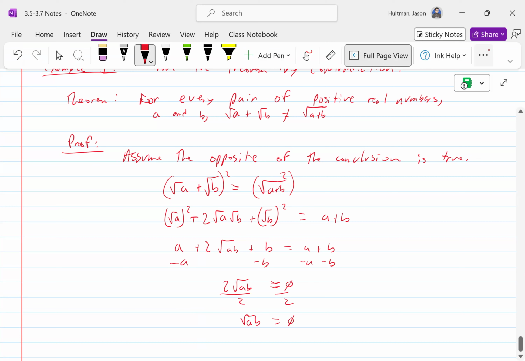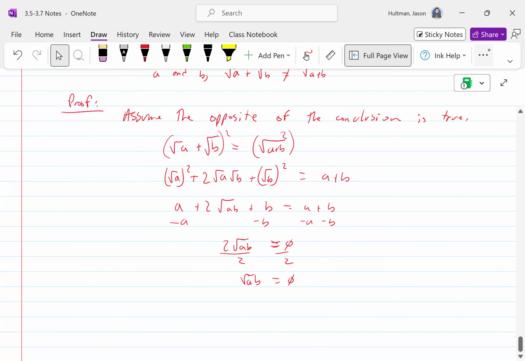Okay, this is only true if A equals 0, B equals 0, or both A and B equal 0.